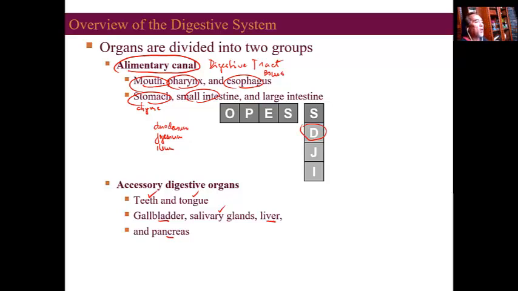Carbohydrates are converted to glucose. Proteins are converted to amino acids. Fats, which are lipids, triglycerides, are converted to fatty acids. That's done in the duodenum, because the pancreatic enzymes help process the food.